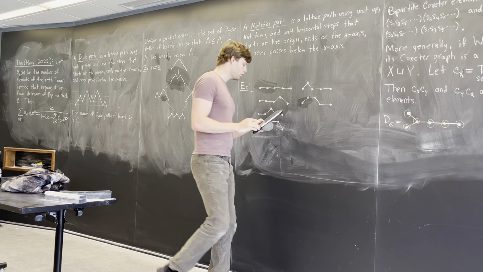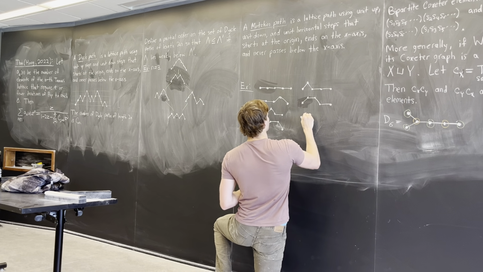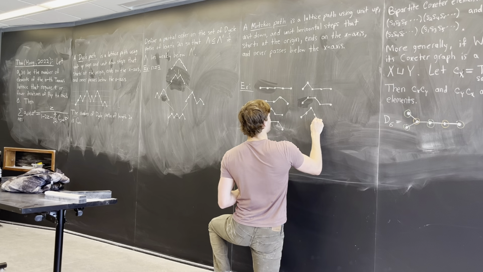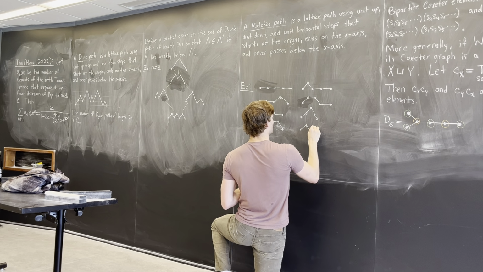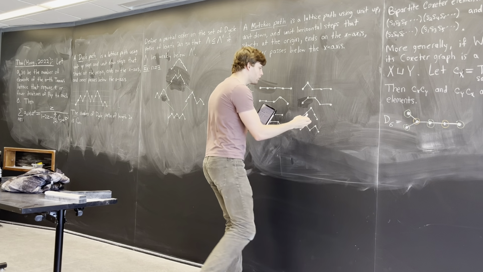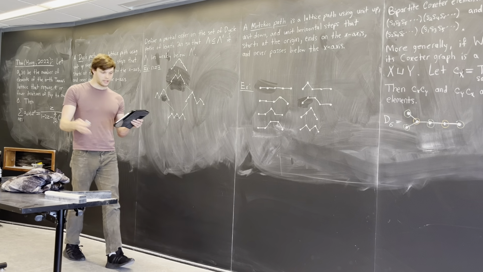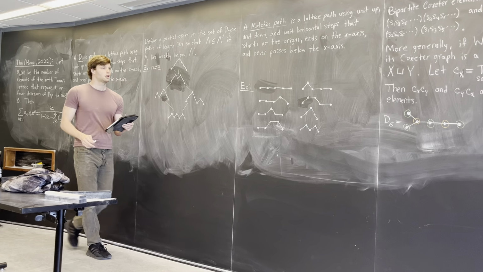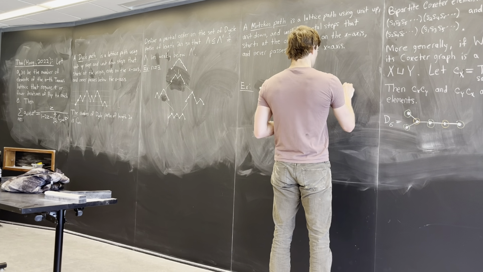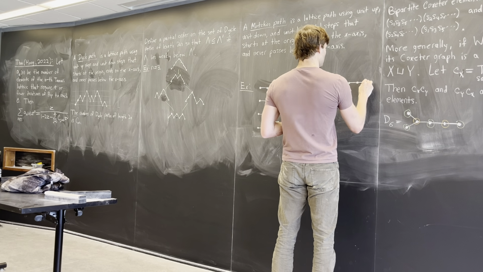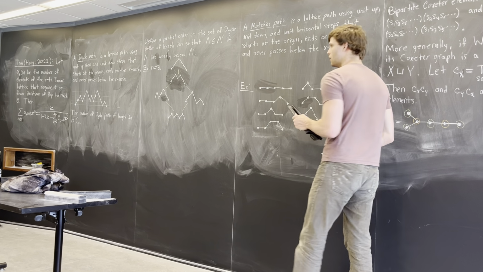I could also just do up, up, down, down. Or I could do up, down, up, down. So these 2 are actually just Dyck paths, but that's fine. And then there's one more, which is up, horizontal, horizontal, down.